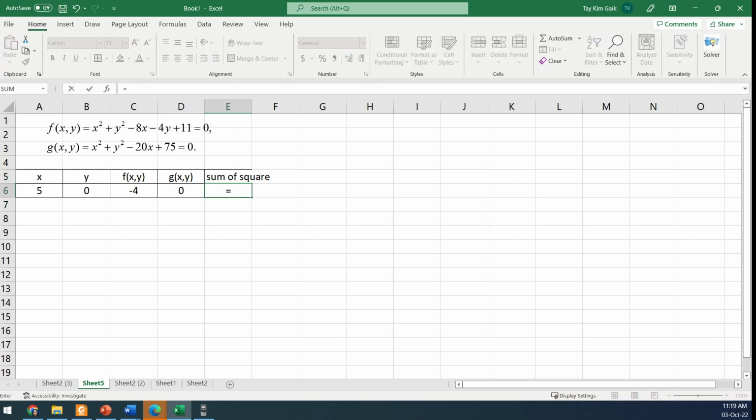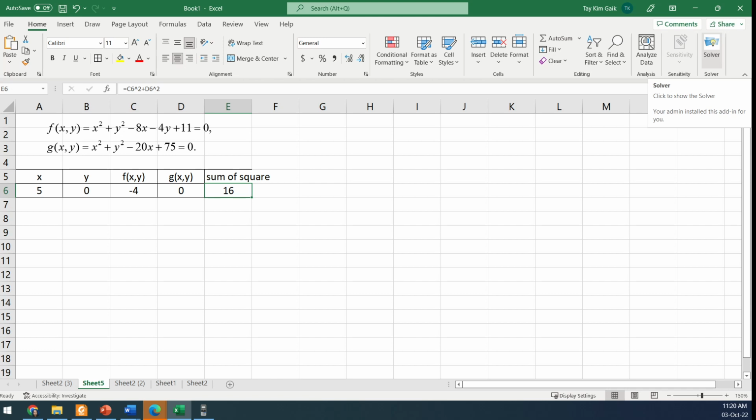Sum of squares: the fxy squared plus gxy squared. Then in E6 we want to use the solver.